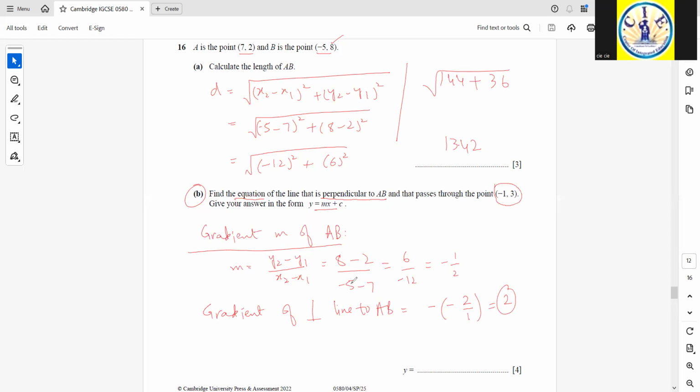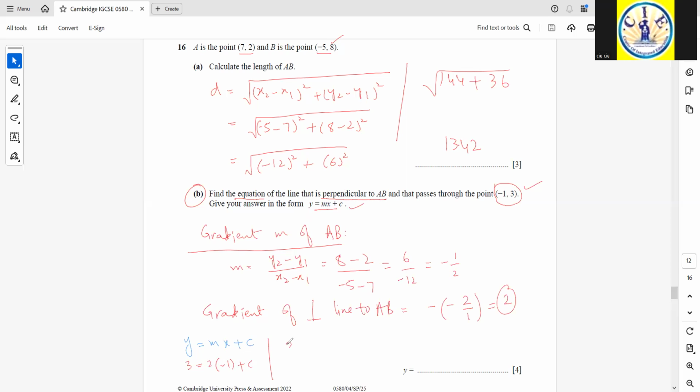Now we are going to use this gradient and this point in this equation. Y is equal to mx plus c. For y this is 3, for m this is 2, for x this is negative 1 plus c.